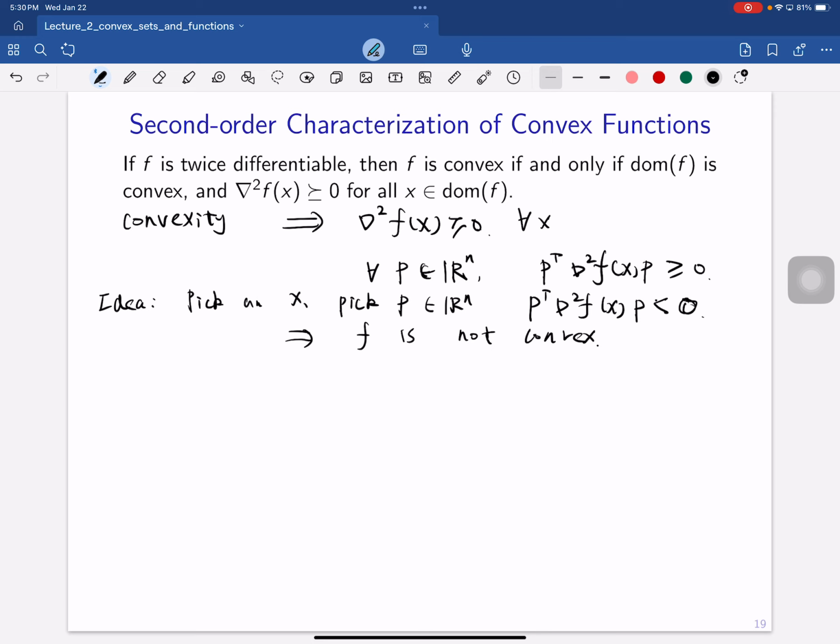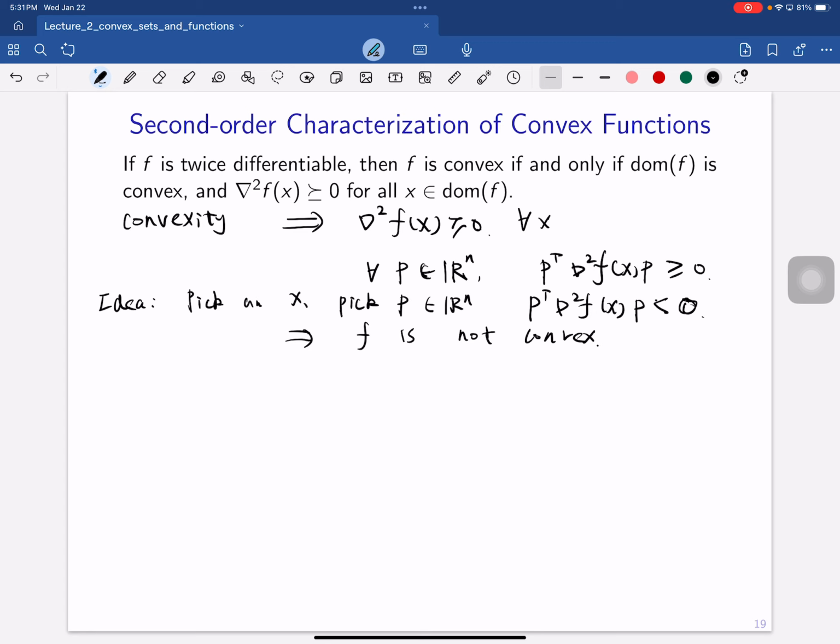Yeah. So let's assume we have an x, and then we have a P, and this Hessian matrix is not positive semi-definite. It's actually negative, right? Then you can try to construct something that violates the convexity property.